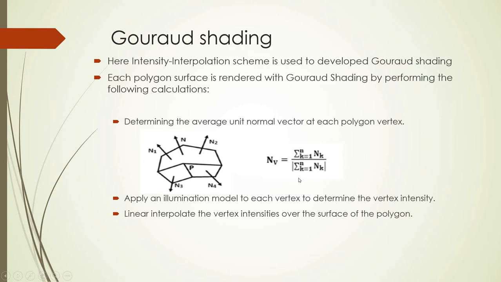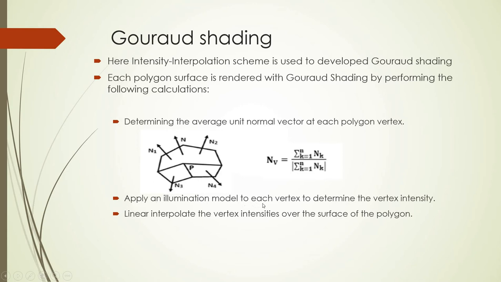Then we are taking the magnitude of the summation of Nk for k equal to 1 to n, and that will be termed as my average normal vector. This is my first step. If this is my particular point on my object, then we have to calculate the average normal vector for each polygon vertex.